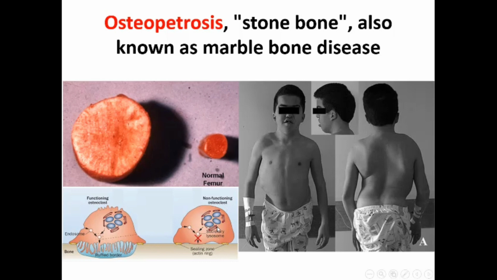The cells cannot produce the proton pump, ion channels, chloride channels. So they cannot resorb the bone and we have just bone formation. This bone formation causes the outgrowth of the bone, and this outgrowth causes deformity of the skeleton. You can see this deformity in the skeleton.